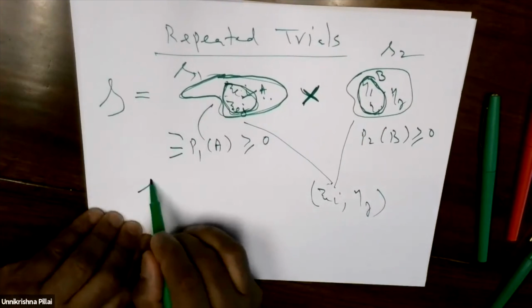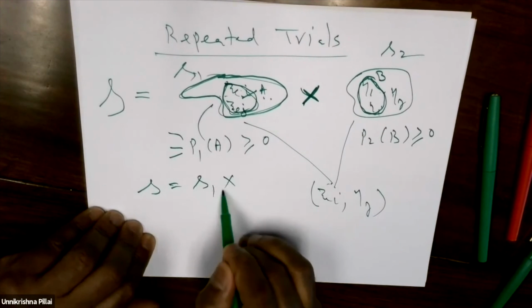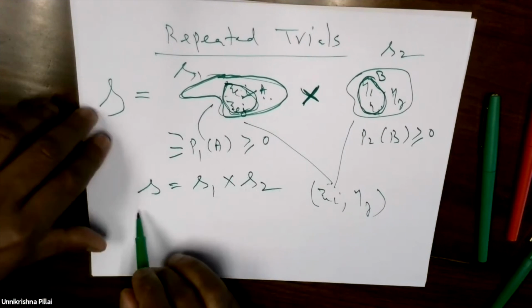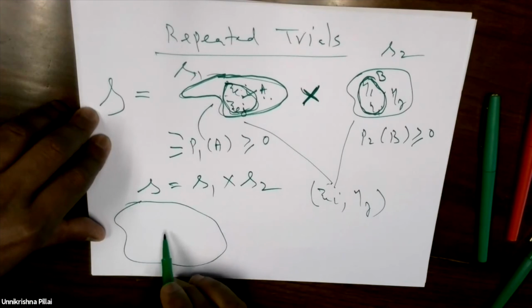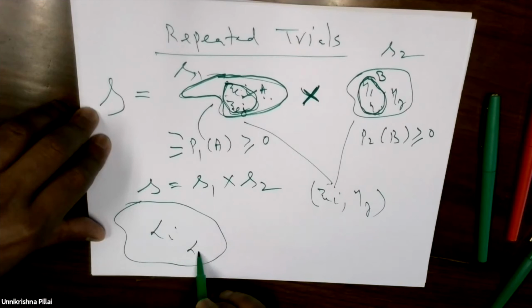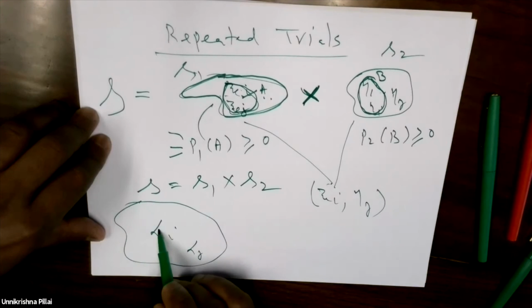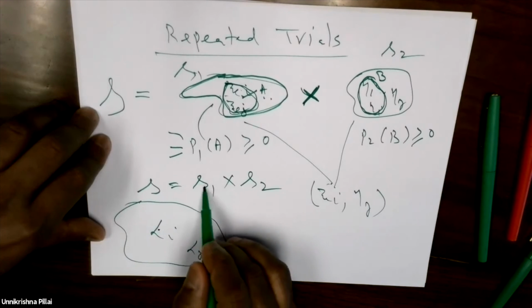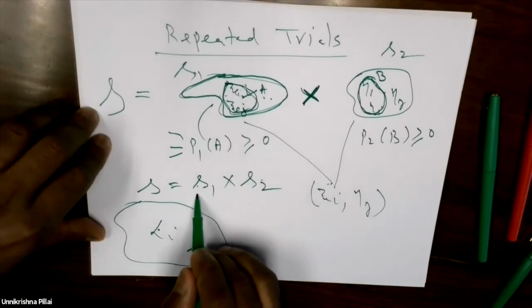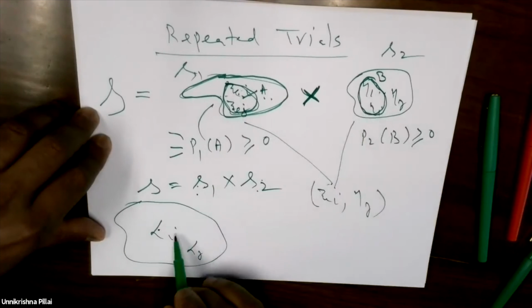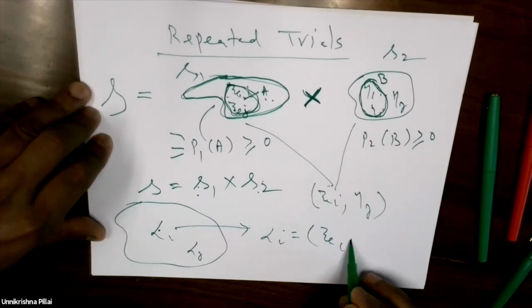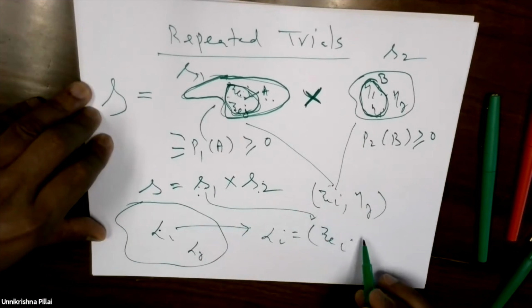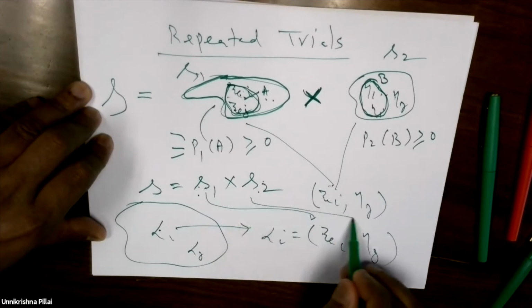So notation-wise, I'm going to write it like this. Remember, this is a bigger space and there will be some outcome, let's say alpha i, alpha j, etc. By alpha I mean, remember, it has two components, one from here and one from here. So by alpha i, I must be meaning some outcome from S1 and some outcome from S2.